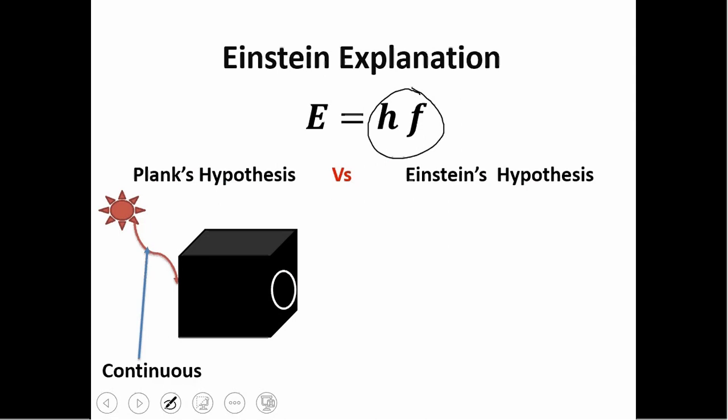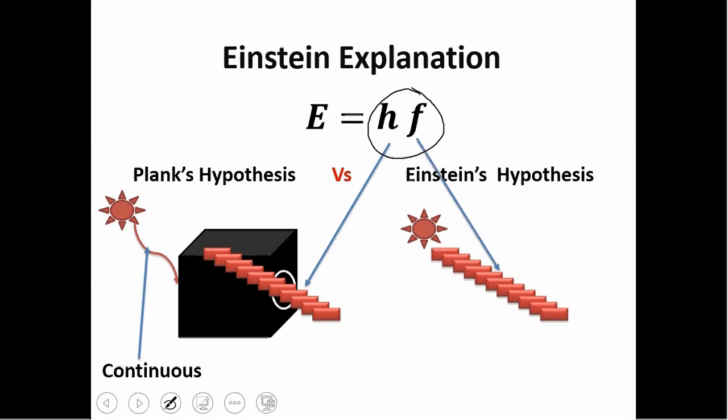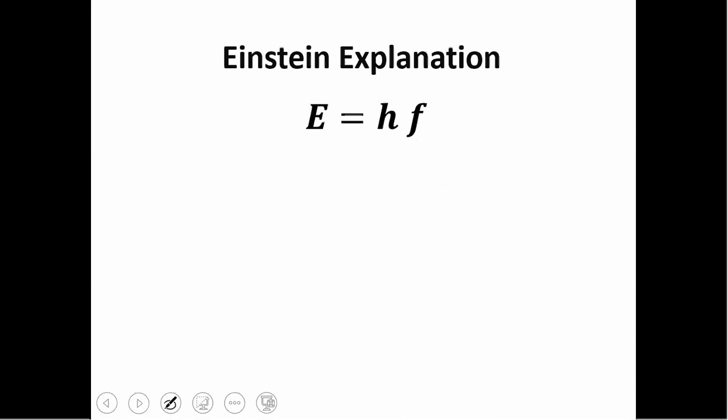Then something happens inside this black body, some peculiar property of the material, and when it emits after absorbing the radiation, it emits in packets of energy and not continuous radiation. But Einstein went further and said that no, actually these radiations by themselves are made of packets. And with this assumption, he was able to explain the phenomenon of the photoelectric effect.